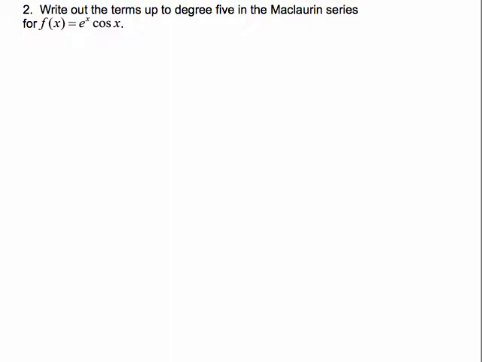Finally, let's do an example involving the multiplication of two known series to create a new series. Function f of x equals e to the x times cosine x. We know Maclaurin series for each of these, e to the x, which is this.